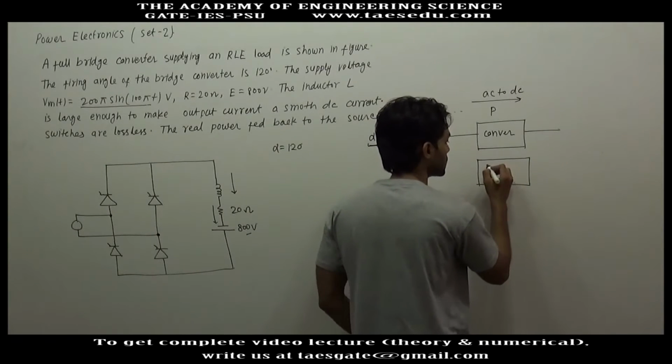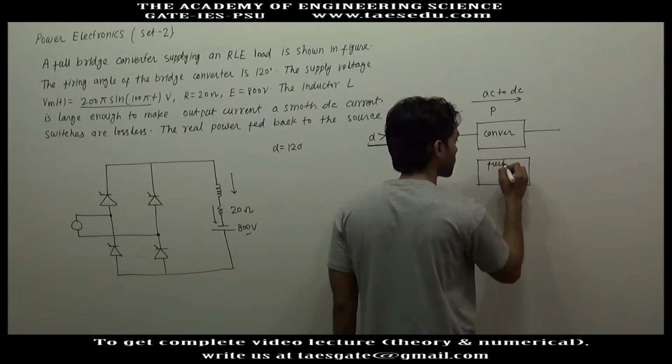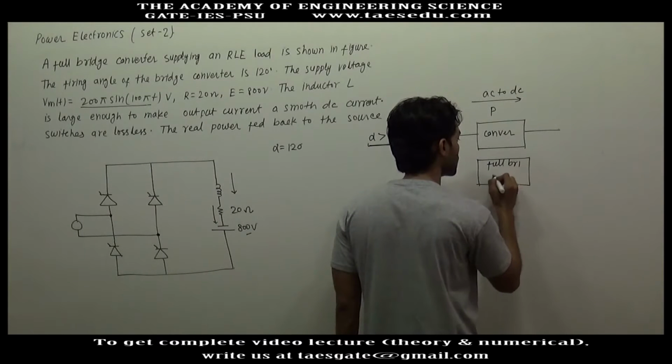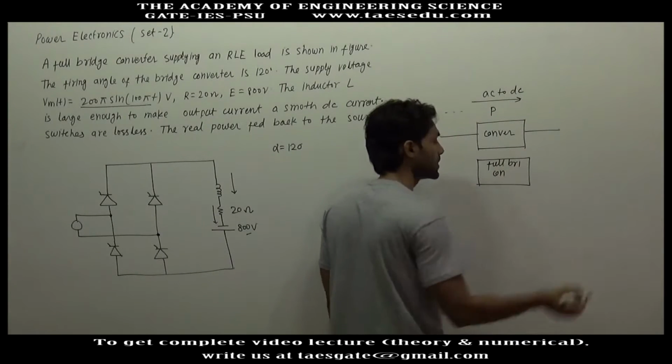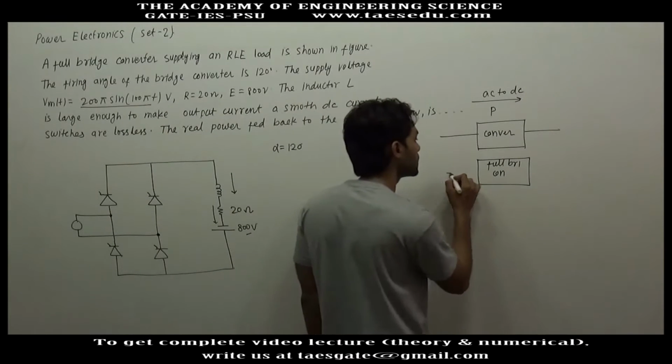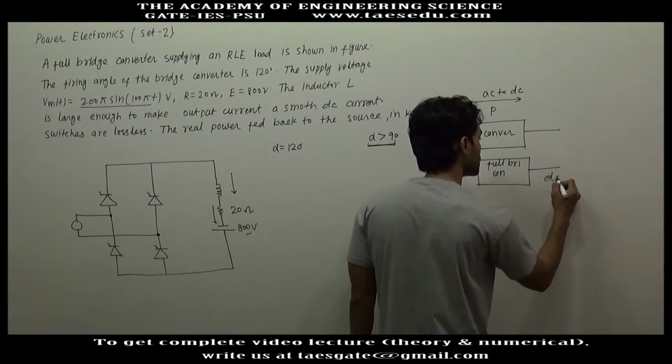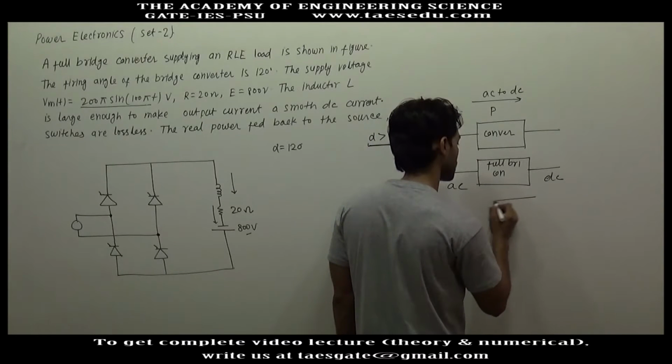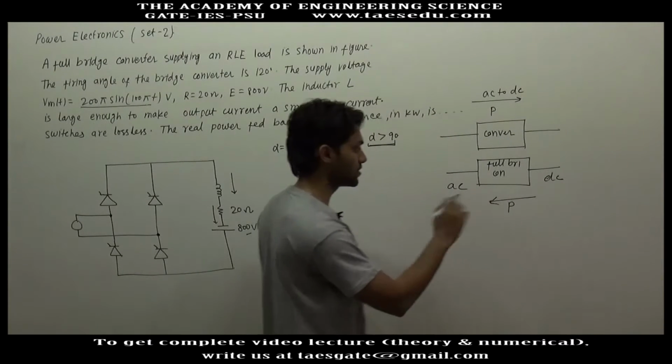In this full bridge converter operates as if it is an inverter. It means real power will flow from DC side to AC side. P will flow from DC to AC.